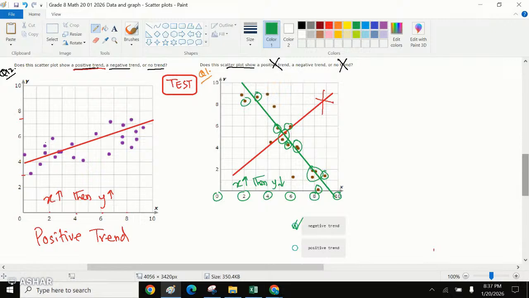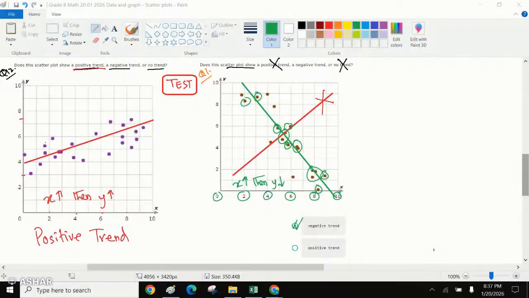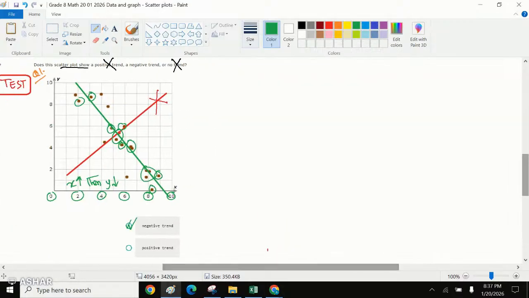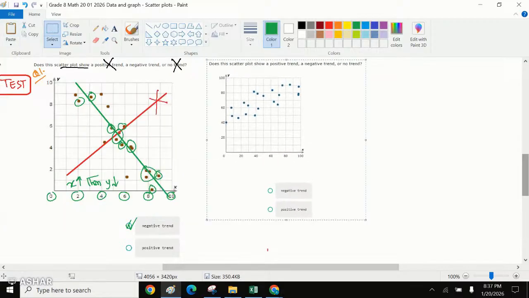Okay. So eventually I did the first question. Second question is for you people. I would wait for you to answer. So question number 2 states that for the given question, find whether it's an increasing or positive trend, negative trend, or no trend.